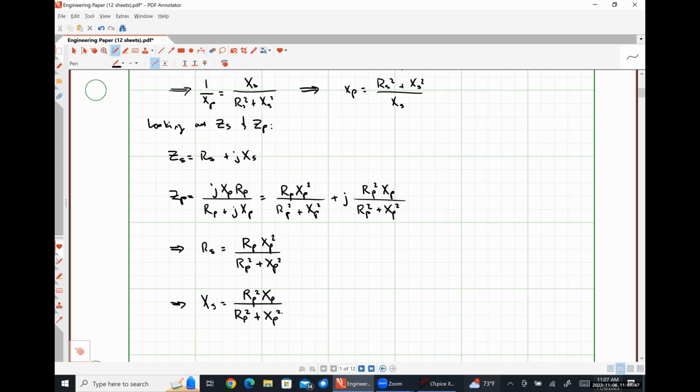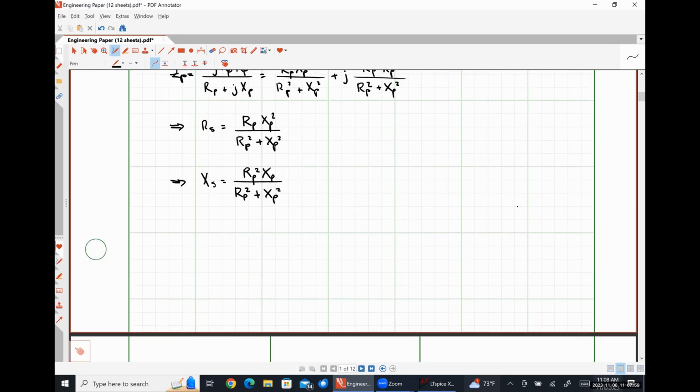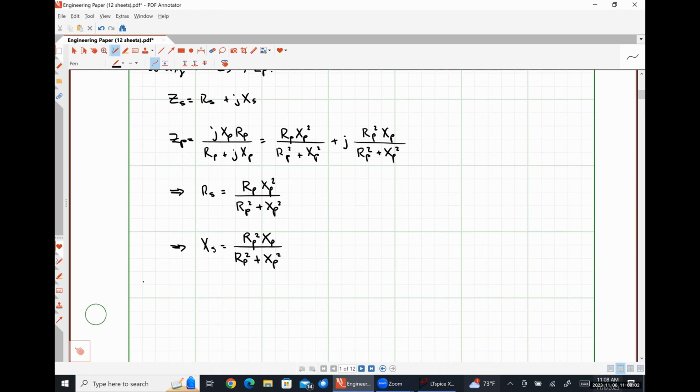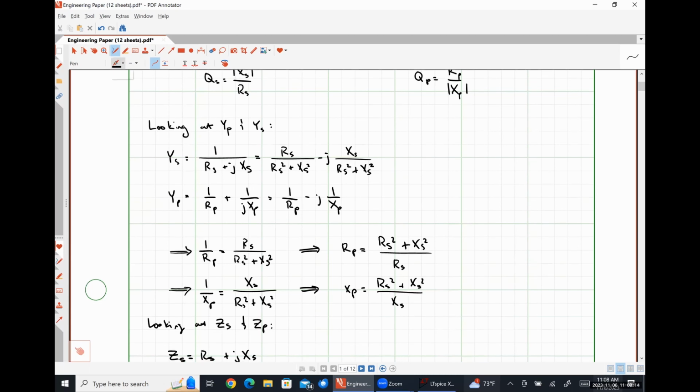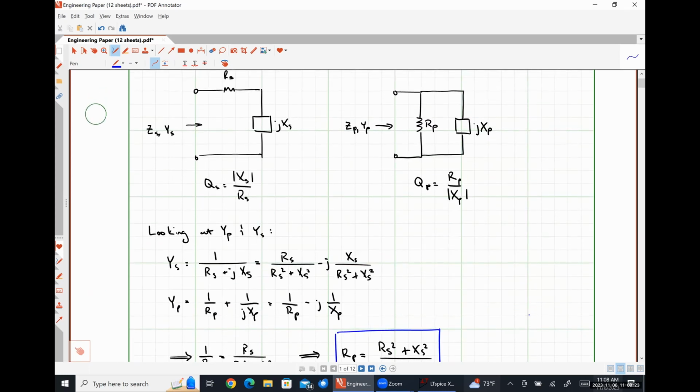We can also put things in terms of our quality factor. So let's go ahead and do that. I'm trying to figure out how we can go back and forth between these two things. These relationships right here allow us to go from the series connection to the parallel connection if we happen to need it.